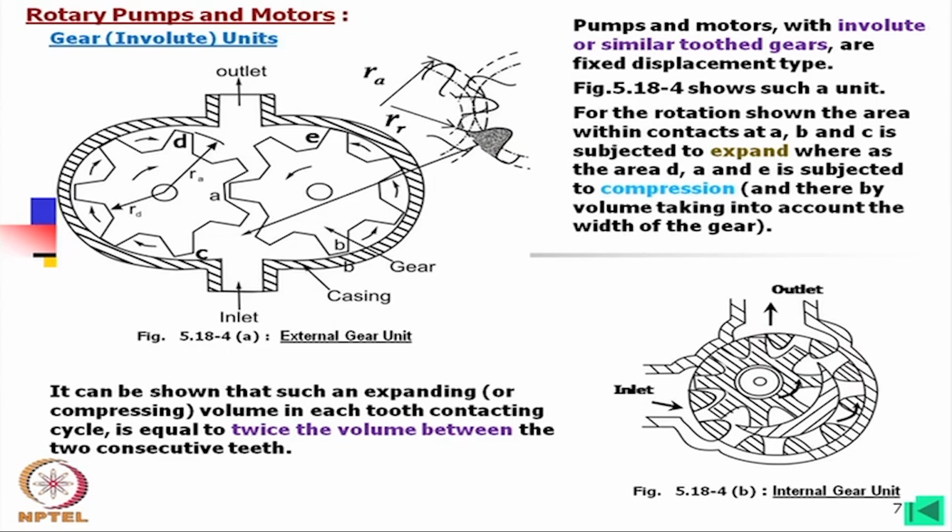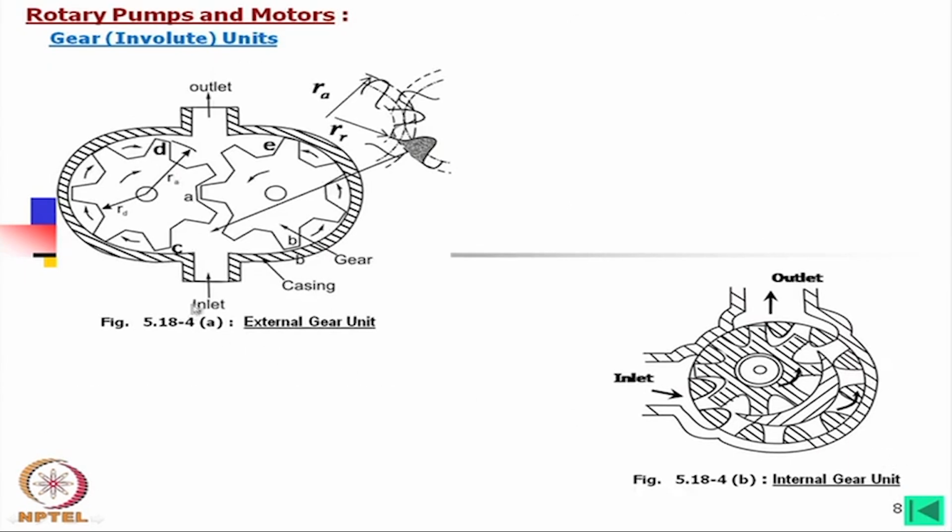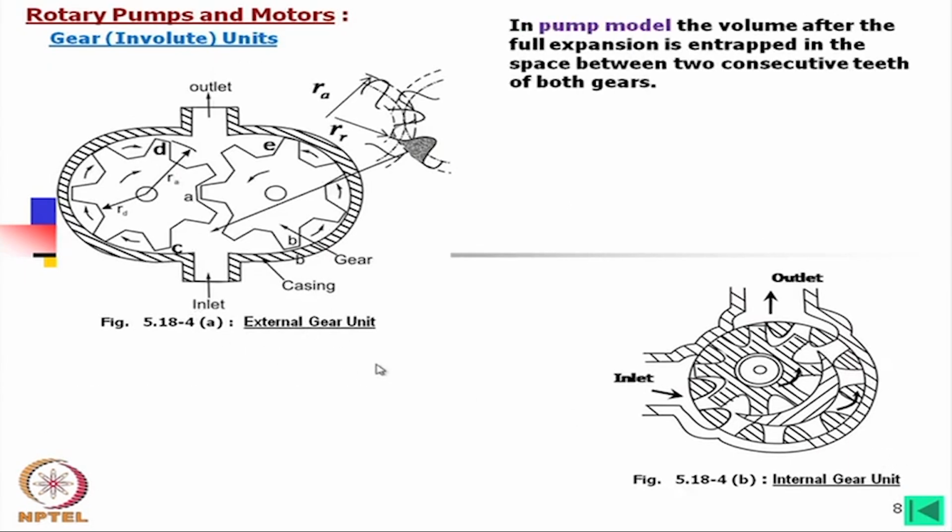So, if we can calculate this volume, then we can calculate the swept volume, or the delivery, of such a gear pump. I have explained that the oil is entrapped and going outside.